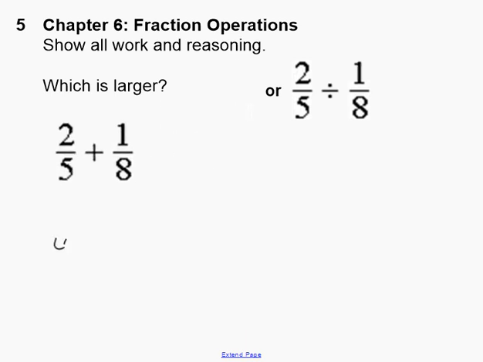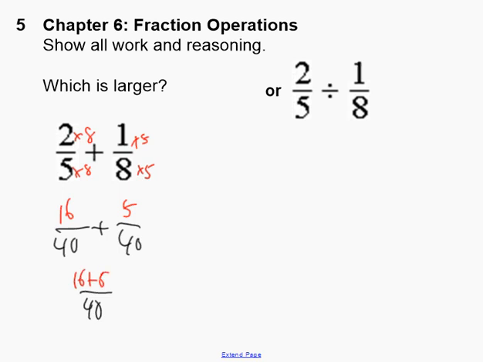You have to find a common denominator, which is the first multiple, usually called the lowest common denominator. So we use 40. You have to find equivalent fractions, which would be 16/40 plus 5/40. Once you have that, keep your denominator and add your numerators together, which gives us a final answer of 21/40.